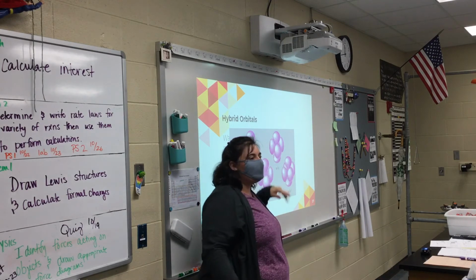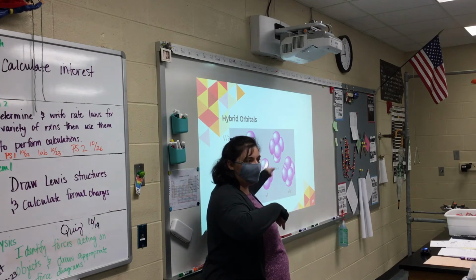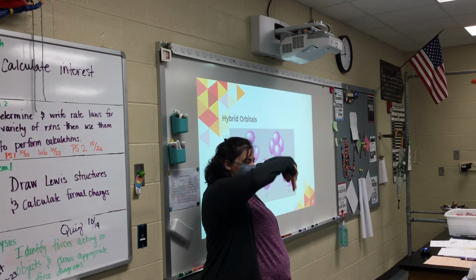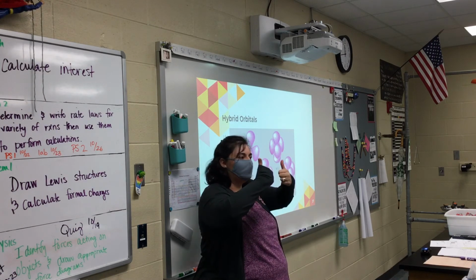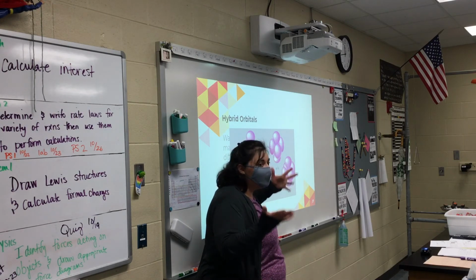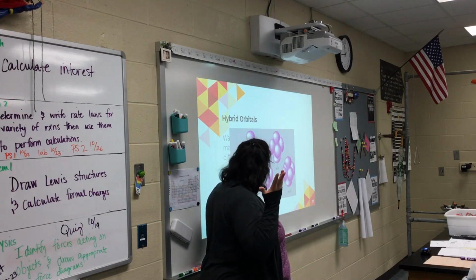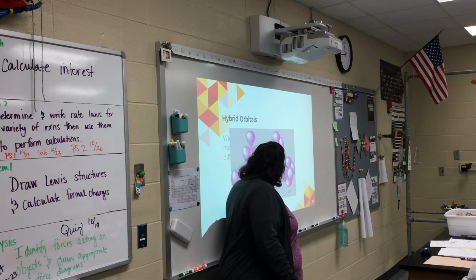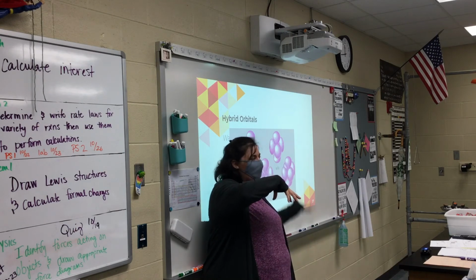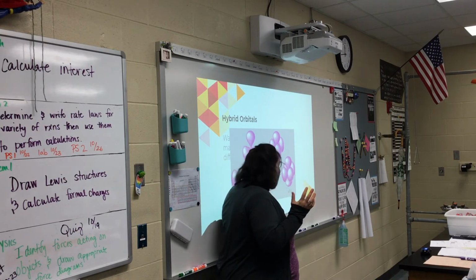For SP2, that's this one up here. We put in an S, and you guessed it, two P's. So we put in three orbitals, and how many do we get out? 3. How's this not knocking your socks off, people? Okay? SP3, we put in one S orbital, we put in 3 P orbitals, and we get out 4.